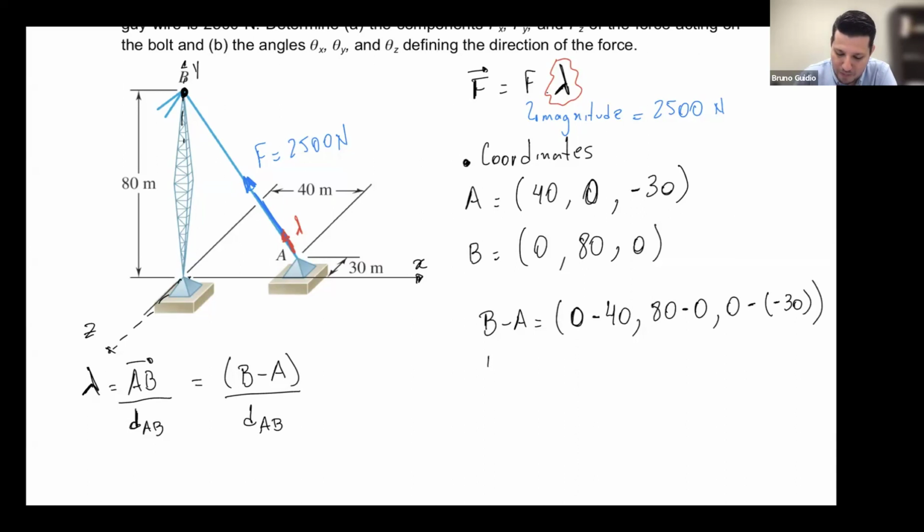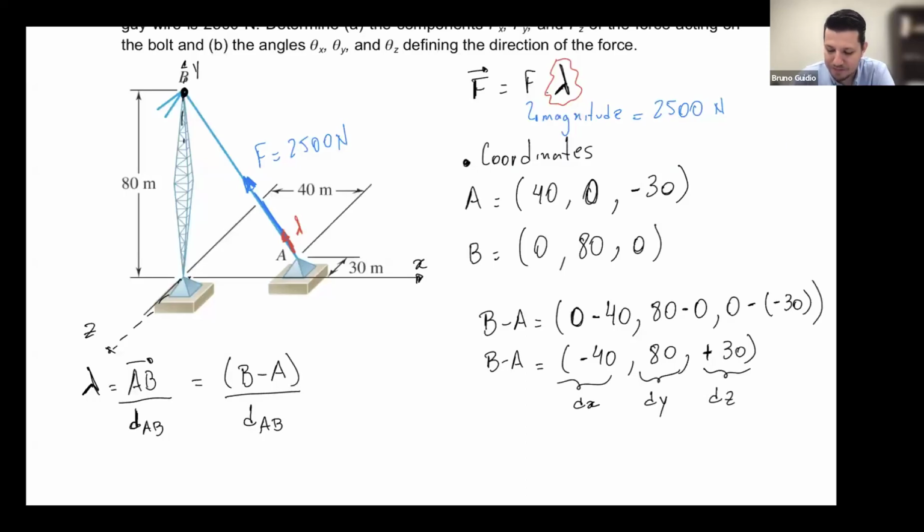What are we going to have? B minus A is going to be negative 40, positive 80, and positive 30. So this is going to be dx, this is going to be dy, this is going to be dz.